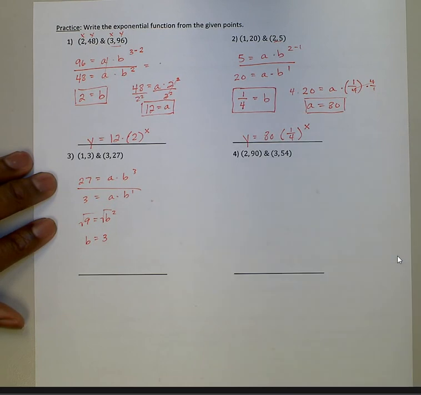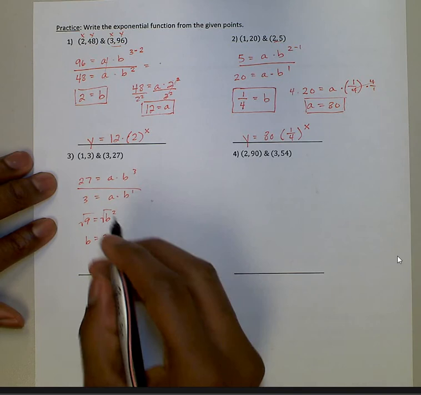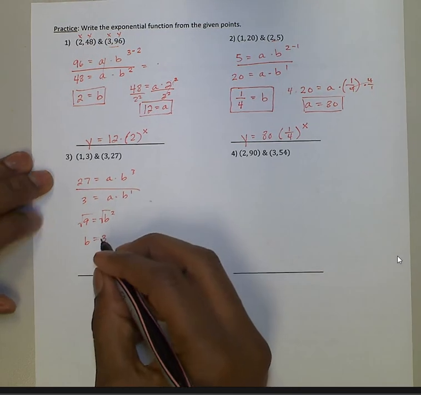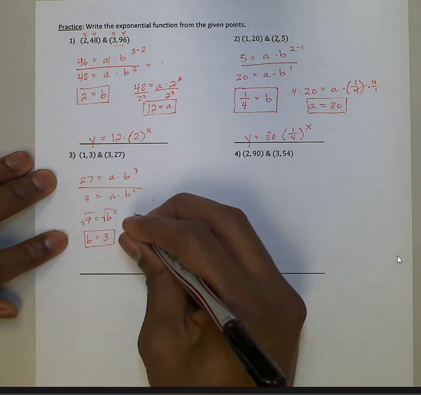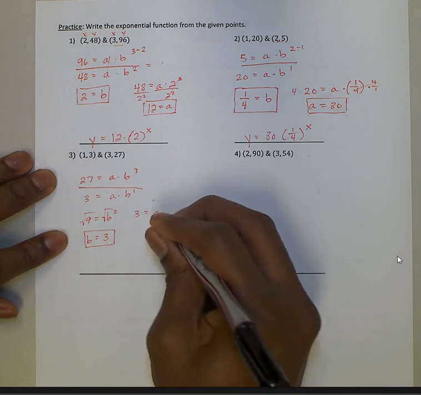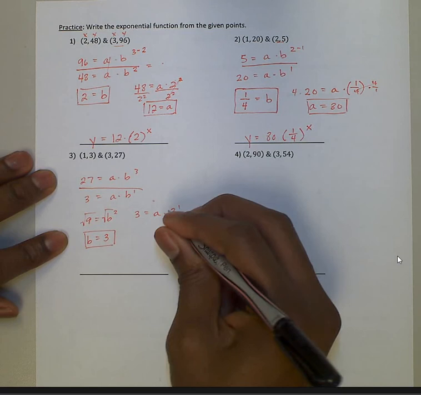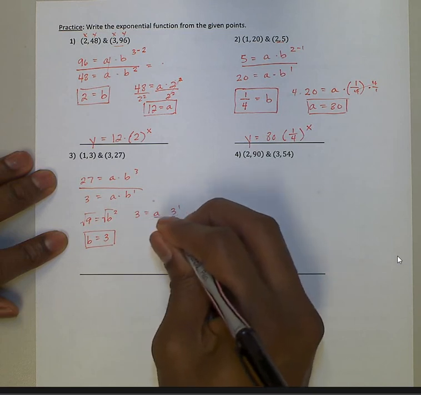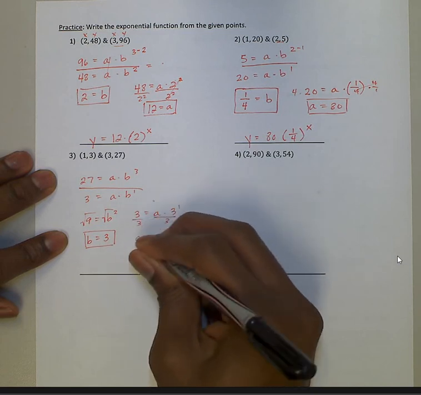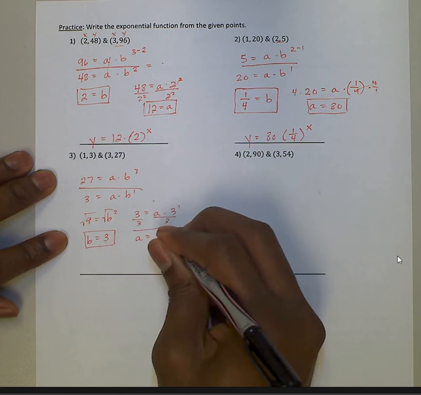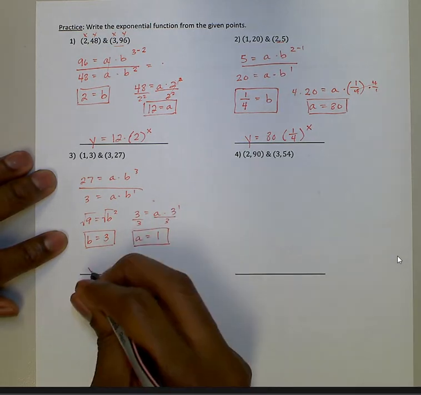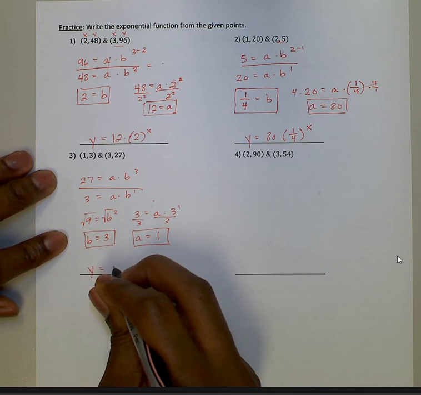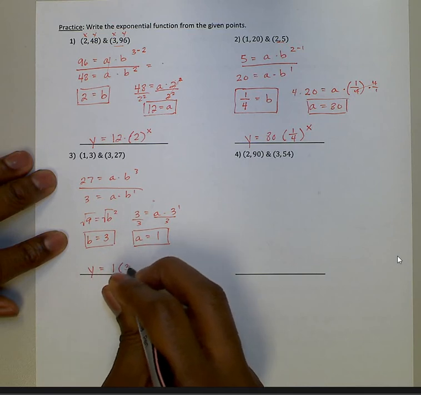It'll always be the positive number. I'll plug that in to solve for a. 3 equals a times 3 to the first. It's just 3. Divide by 3 means a equals 1. So my equation is y equals 1 times 3 to the x.